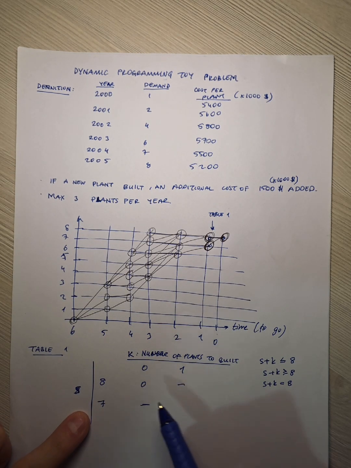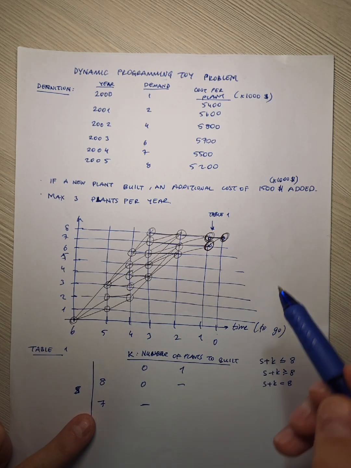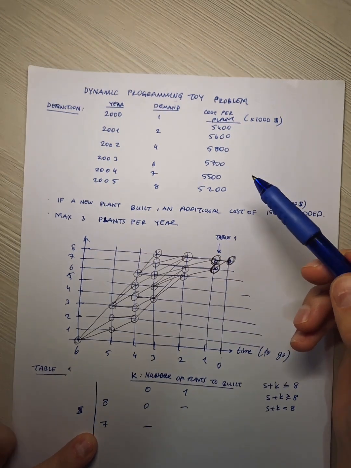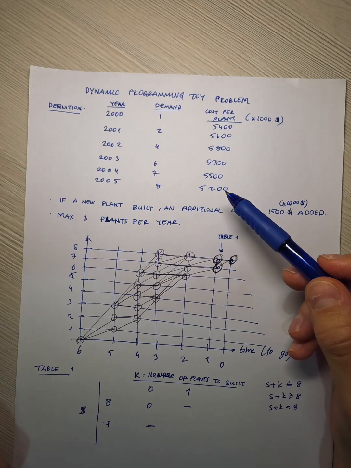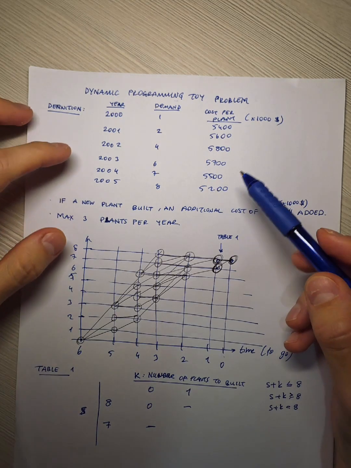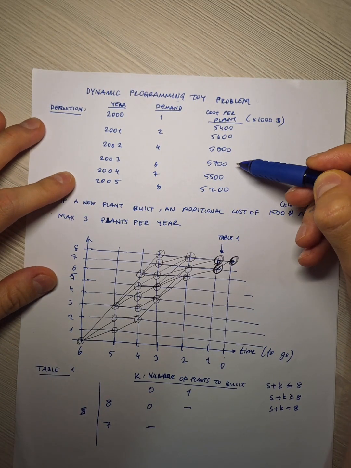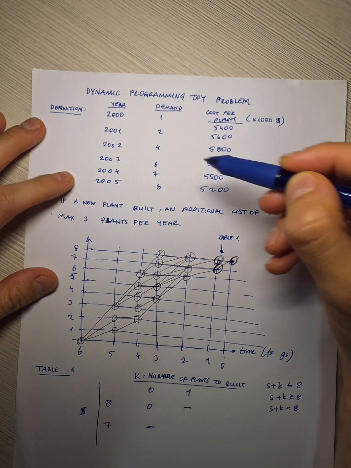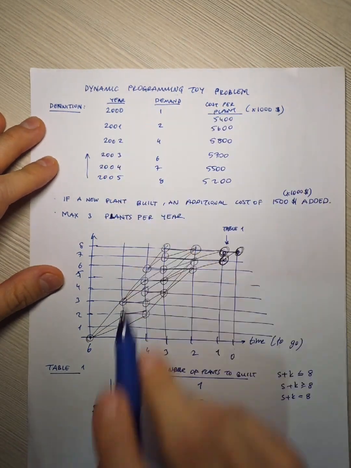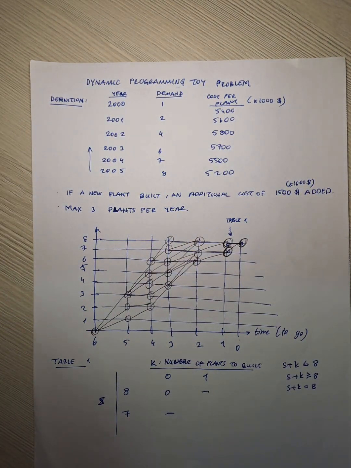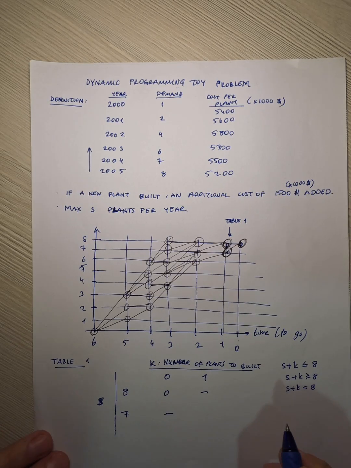Alright, so the cost of putting one plant in 2005, so we start from back, so we will go this way in time as we do in dynamic programming.